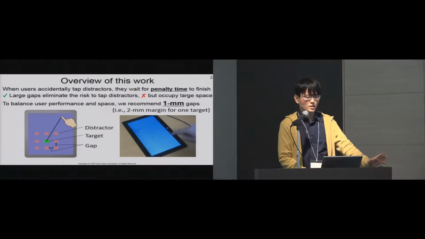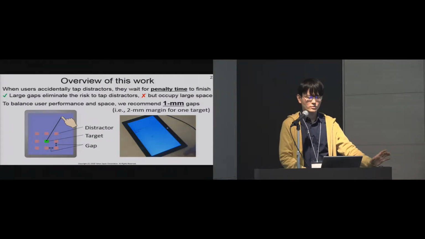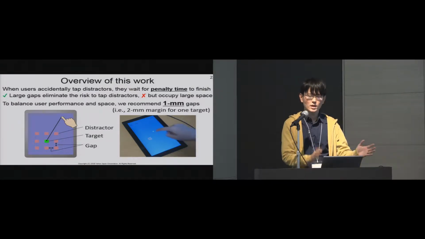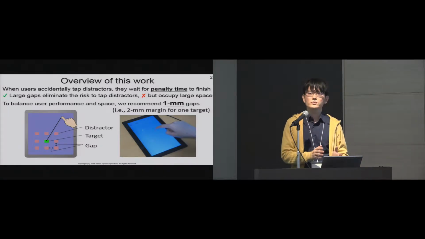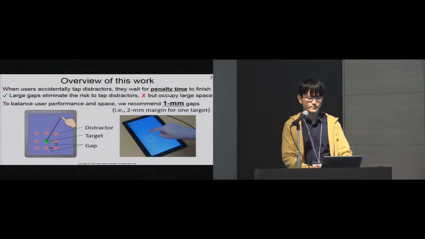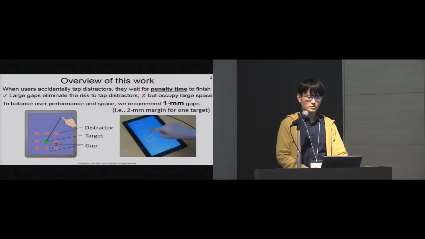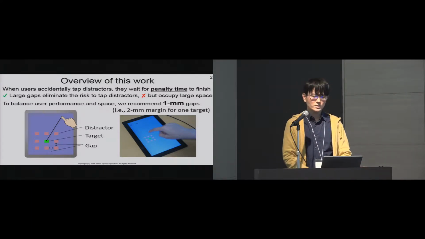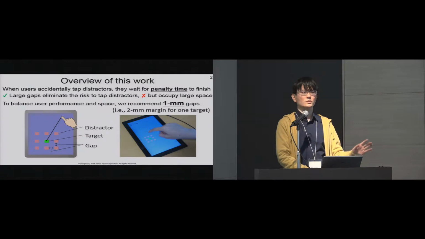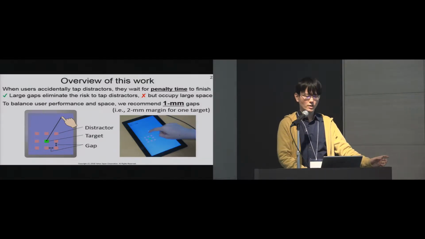In this situation, if the gap between the target and the distractor is large, users don't have to pay attention to distractors. But large gaps occupy large screen space, so the gap cannot be so large. After the experiment, we recommend using 1 millimeter for gaps.